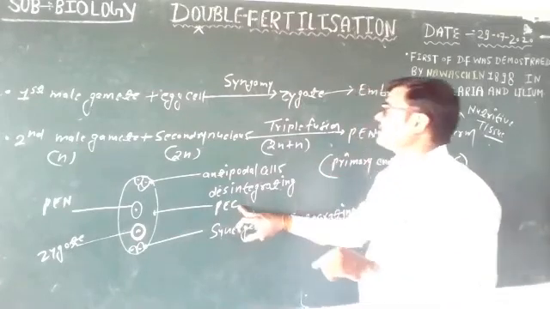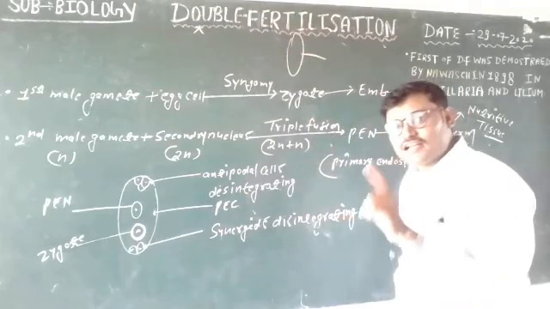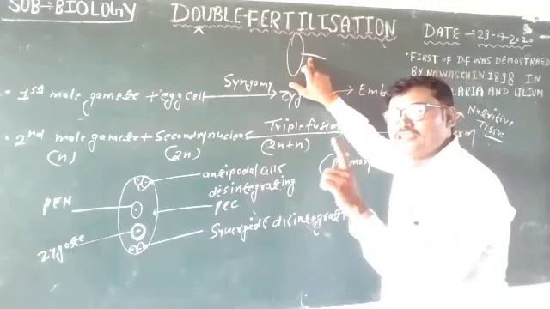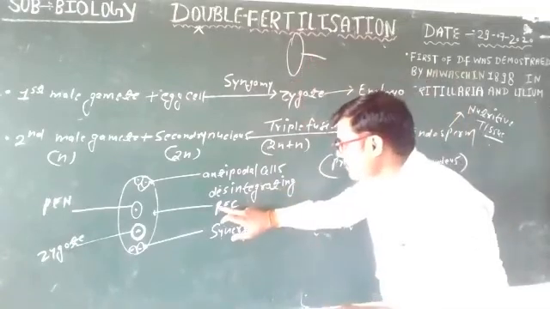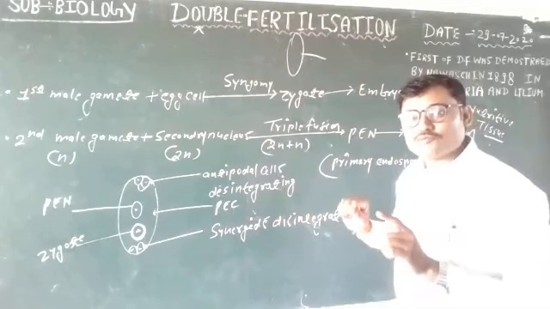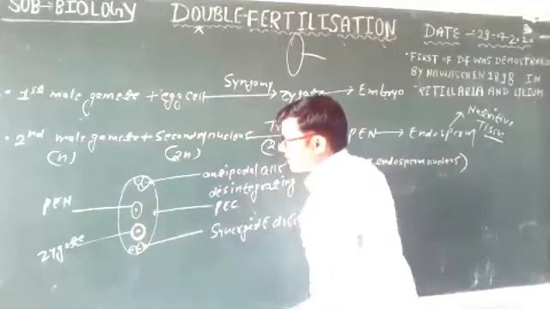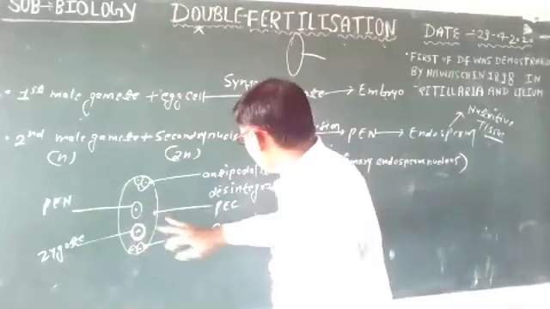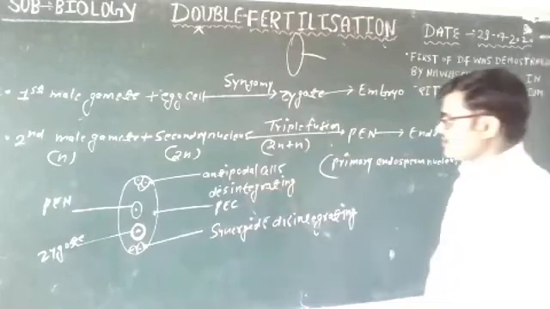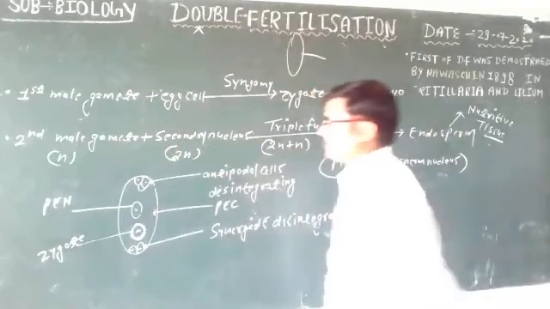After fertilization, this central cell converted into PEC, the primary endosperm cell. You see, this is the primary endosperm cell, and this is the PEN, and the synergids and antipodal cells degenerate, and this is the zygote.